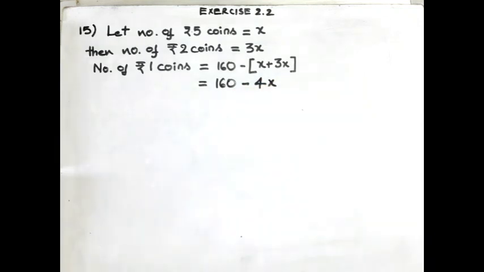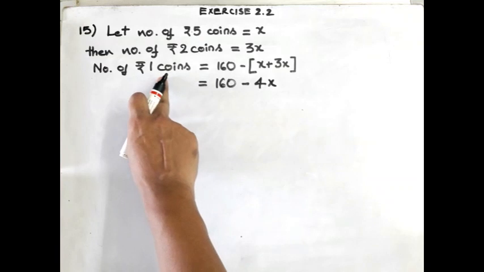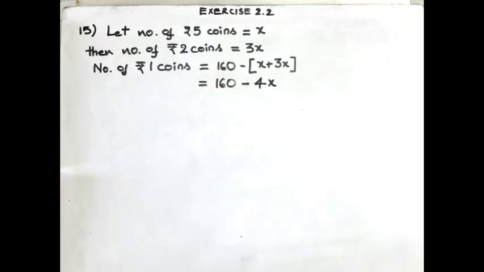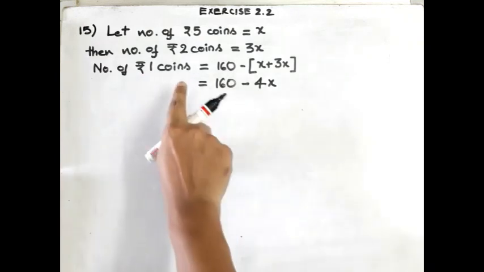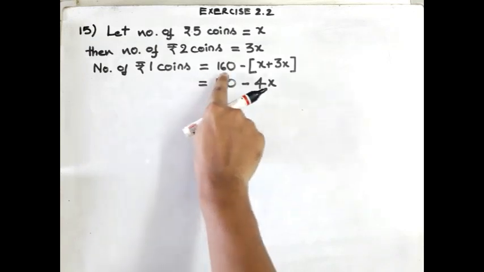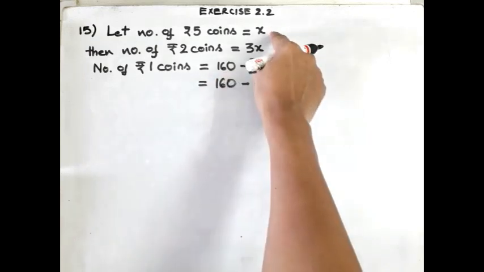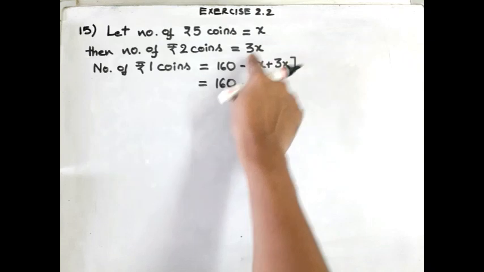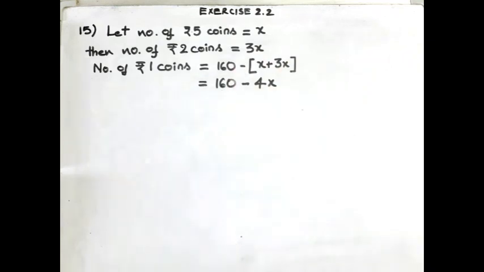Hope you got it. Since there is no relation or any statement for the number of rupees 1 coins, from the total number of coins, if we subtract these rupees 5 and 2 coins, we will get 1 rupee coins.